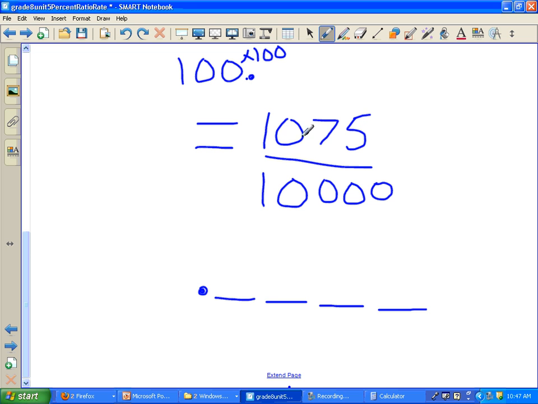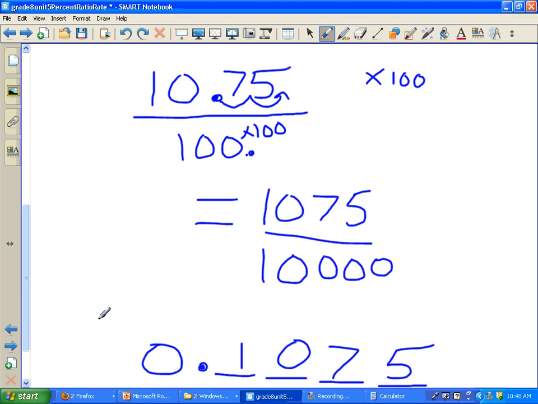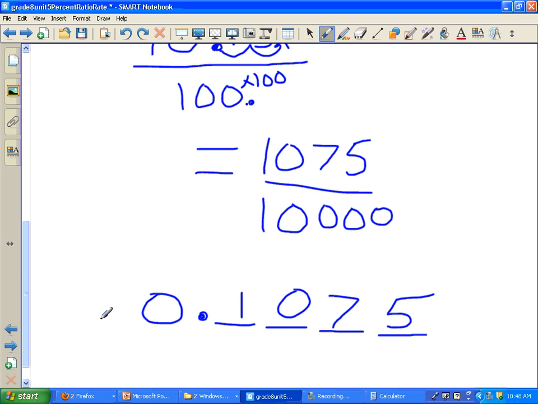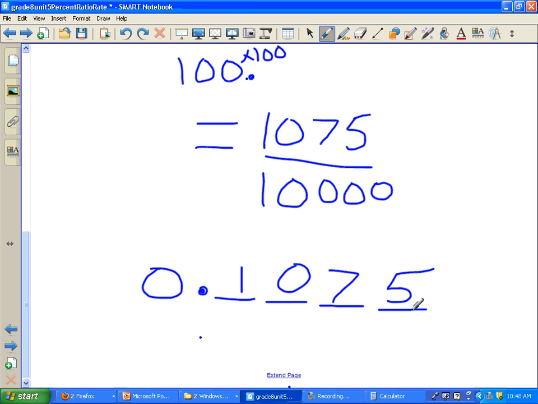So I'll put 1075 in the thousandths place. Okay? So that will give us 10.75% if you were to change it back.